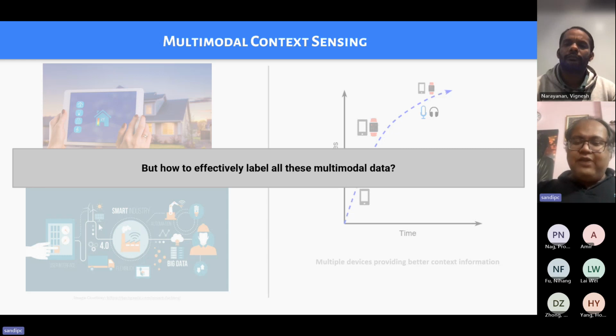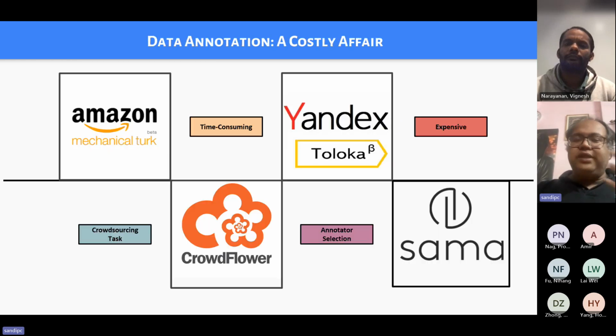As I was saying, we use different platforms like Amazon Mechanical Turk, Yandex, Crowdflower, Sama, and all these platforms have different problems: they are time consuming, they are expensive, you need to do the crowdsourcing, and whenever you rely on crowdsourcing, the question comes about the reliability of annotation and so on.